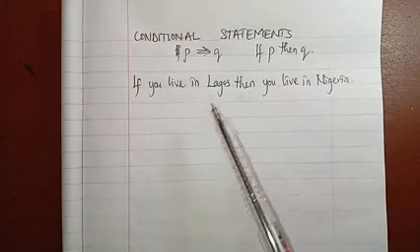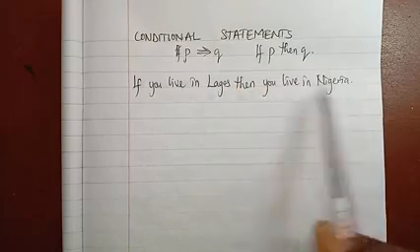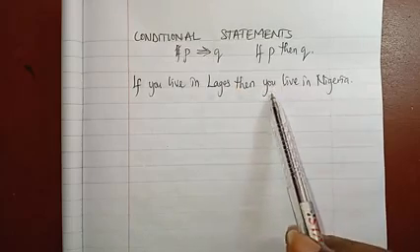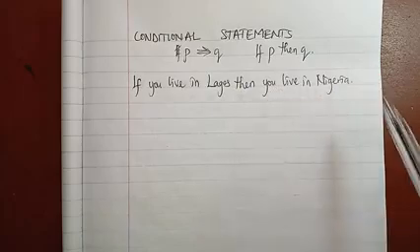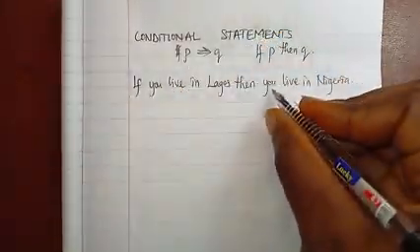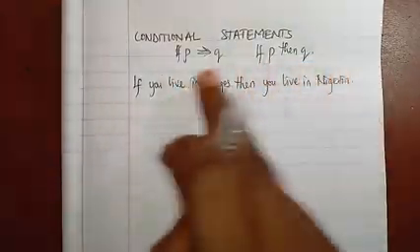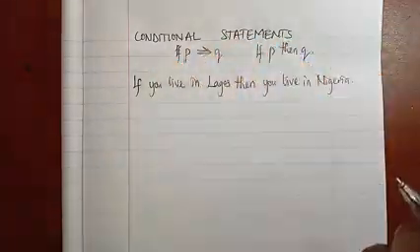Antecedent means the first statement made, and this last part, we usually call it the consequence or the conclusion. We get a conditional statement because these two statements are combined together.